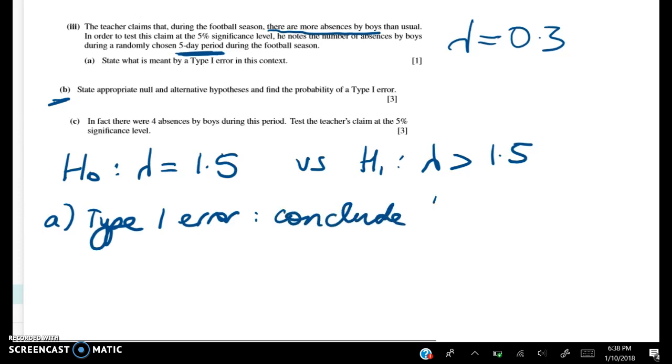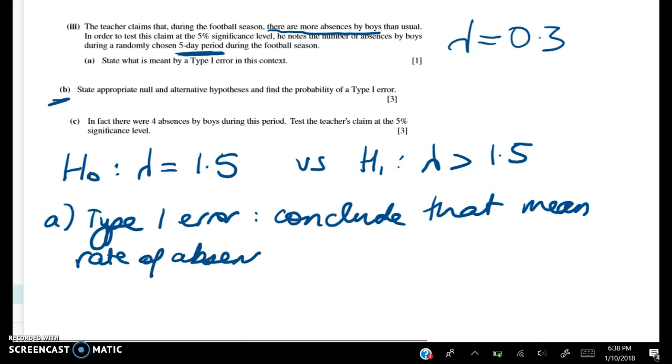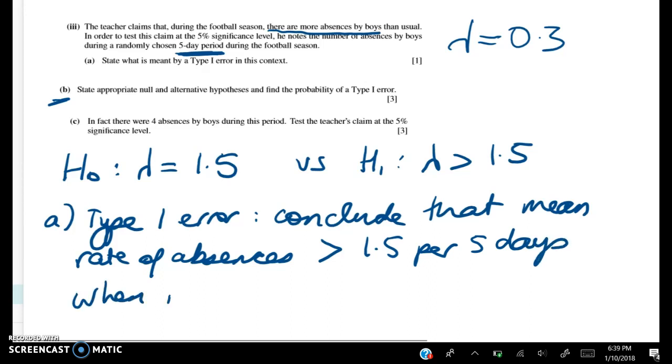Okay, so conclude that the mean rate of absences is greater than 1.5 per 5 days when it's not. Okay, so in other words, we're saying that we have got enough evidence to reject the null hypothesis when the null hypothesis is actually true.